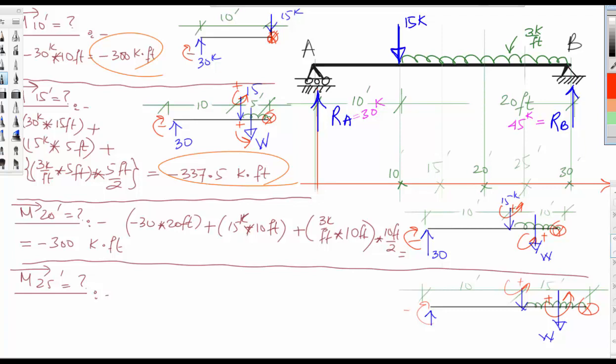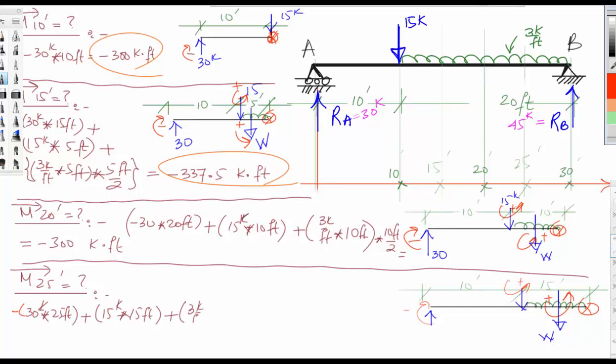Like I said, the equation is again the same. So it'd be minus 30 kip multiplied by this entire distance, which is 25 feet, plus this 15 kips multiplied by this distance, which is 15 feet. And we have this uniform load, which is positive.